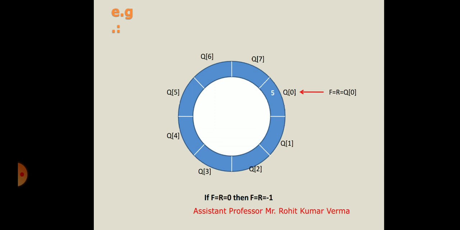That's why we are writing here front is equal to rear is equal to -1. Why we are writing this? Because we are deleting the only one element from the queue which is stored inside this circular queue.